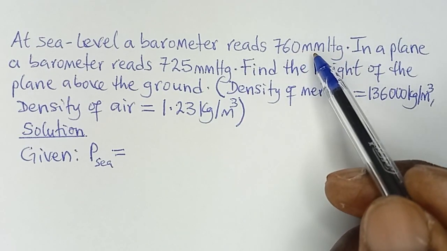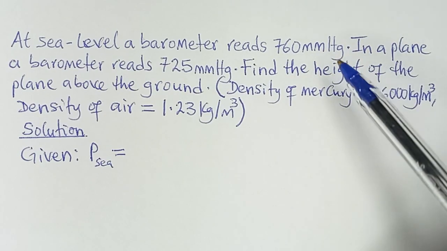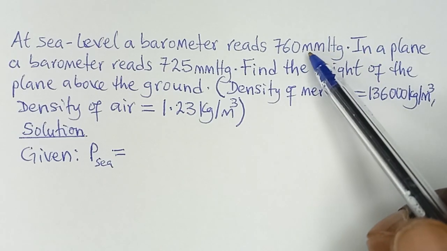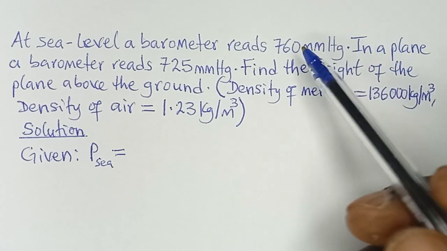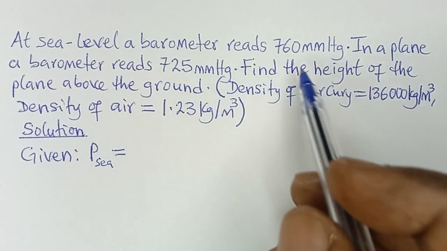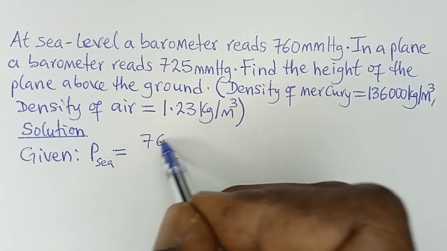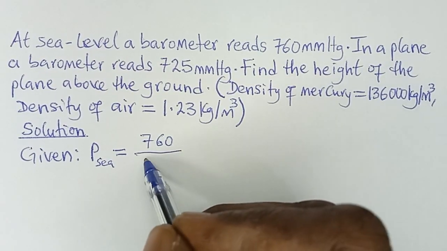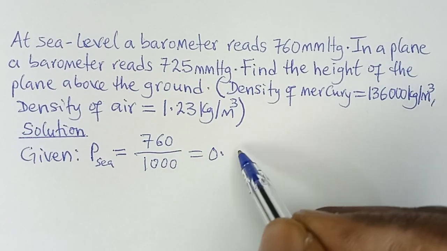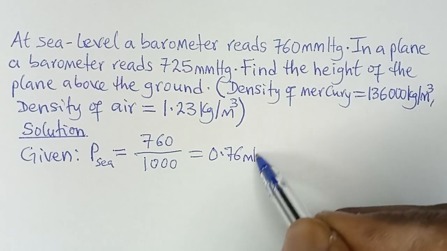So to convert millimeter mercury to meter mercury, we simply divide by 1000, similar to converting millimeter to meter. So we divide that 760 by 1000, and that will give us 0.76 meter mercury.